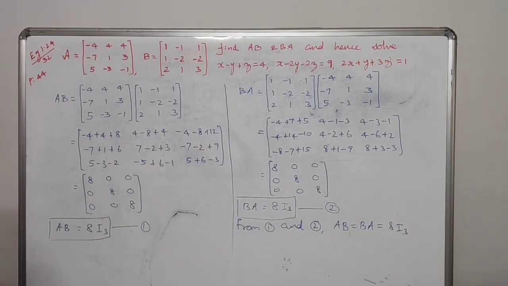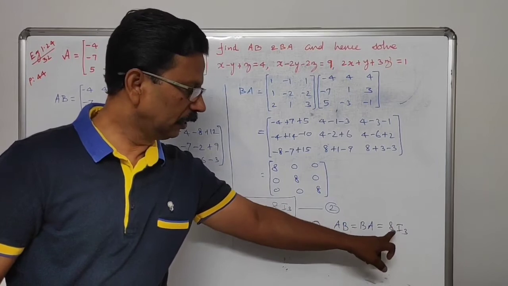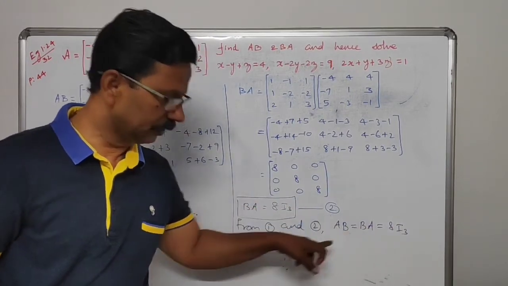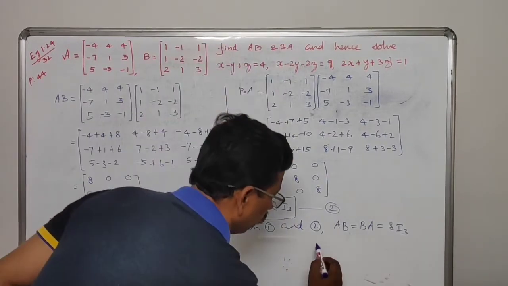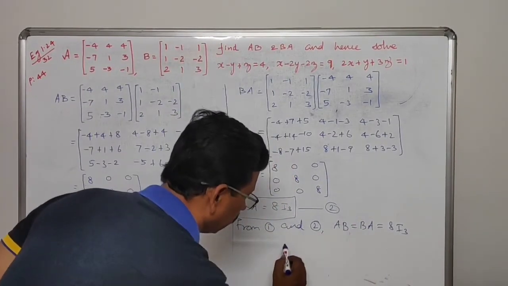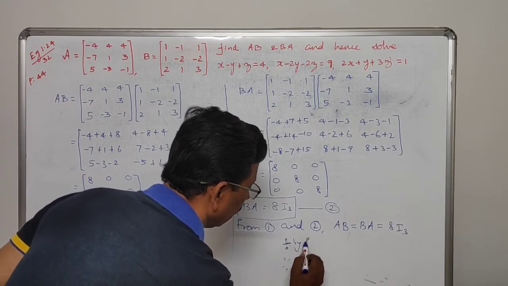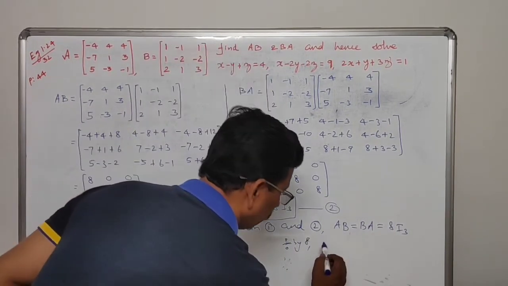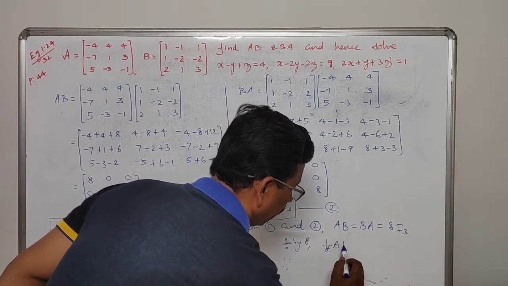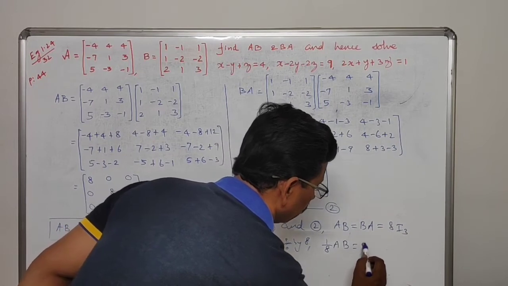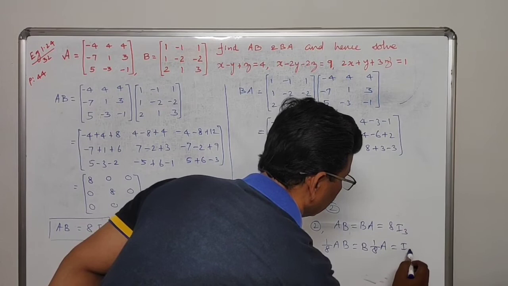Now AB equal to BA equal to 8 times I3 means we just take this 8 to this side, or divide by 8 on both sides. Then you will be getting 1 by 8 A into B is equal to B into 1 by 8 A, which is equal to I3.